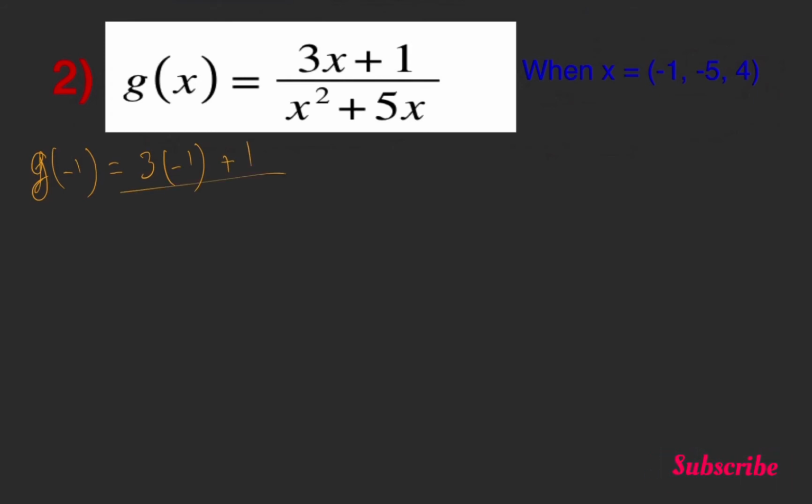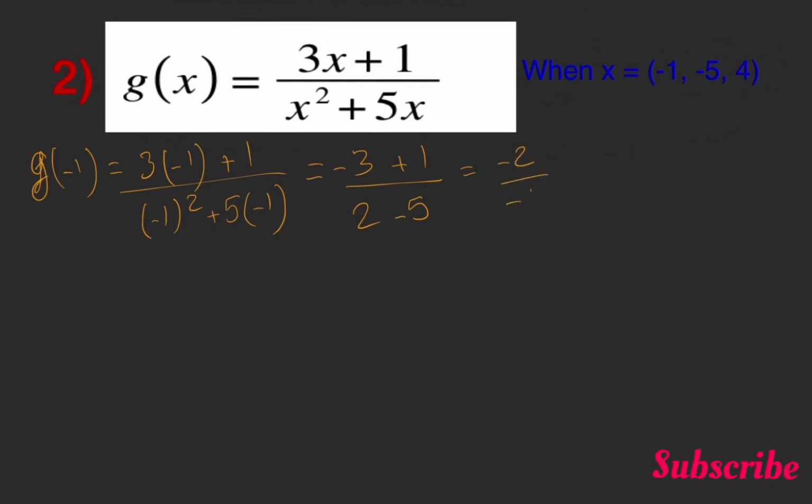Wherever you see x, you replace it with the other number. So what is it going to give us? Negative 3 plus 1 over 1 minus 5 is negative 2 over negative 4, which is just 1 over 2.